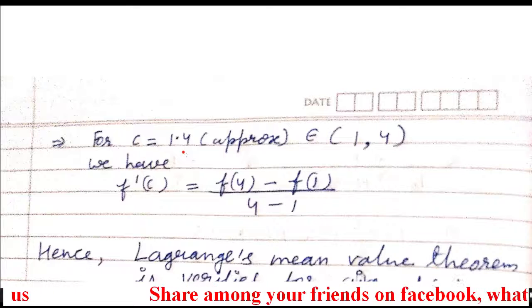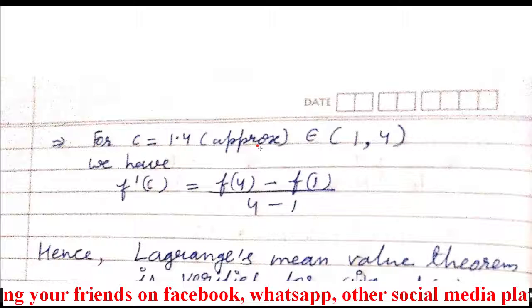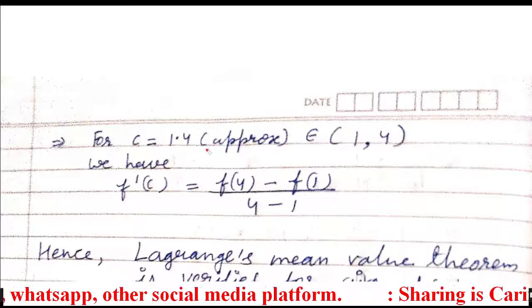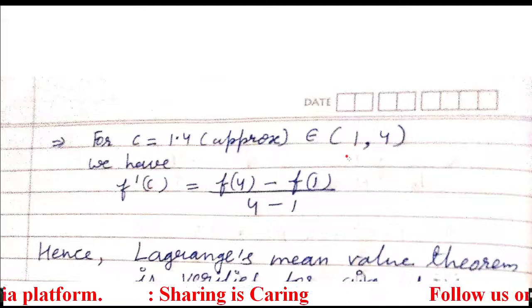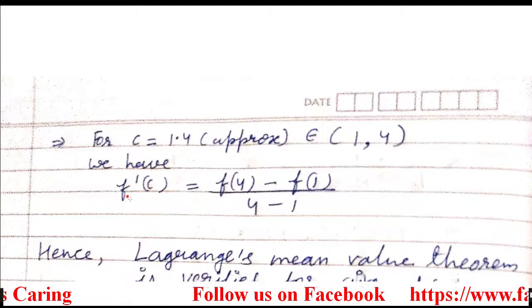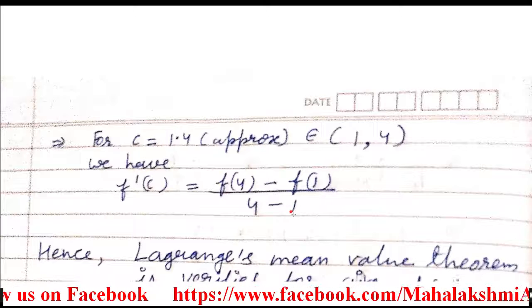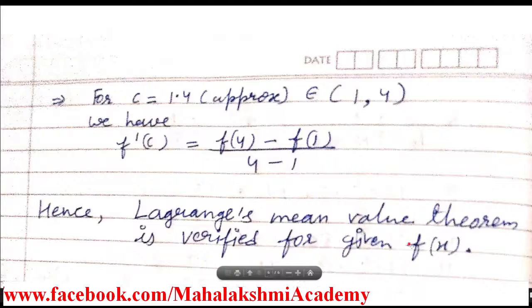We move to the positive one only, because then only the value of c will belong to the open interval 1 to 4. So c is equal to 1.4 which belongs to the open interval 1, 4. The given function is satisfying the condition f dash c is equal to f4 minus f1 upon 4 minus 1. So hence Lagrange's mean value theorem is verified.